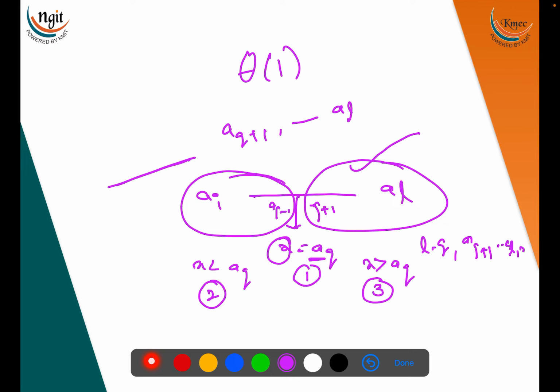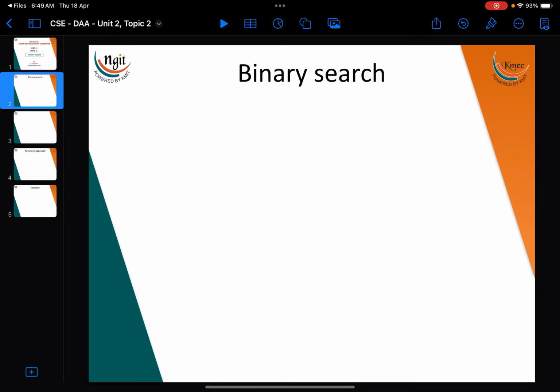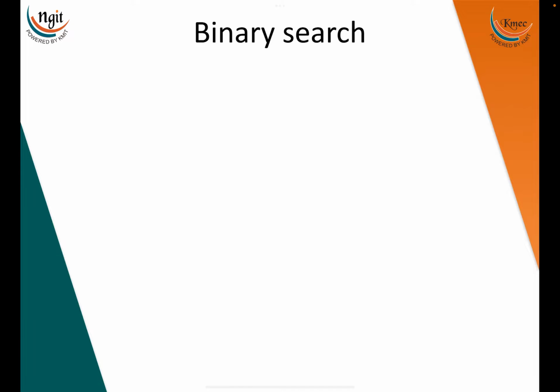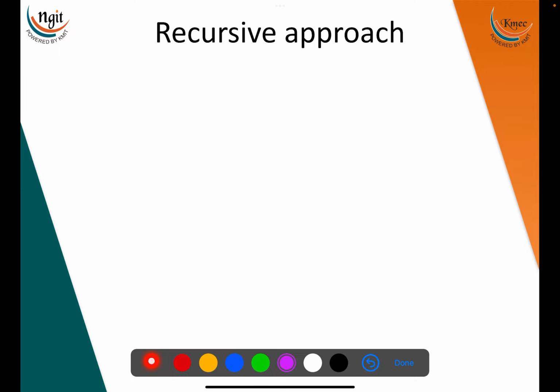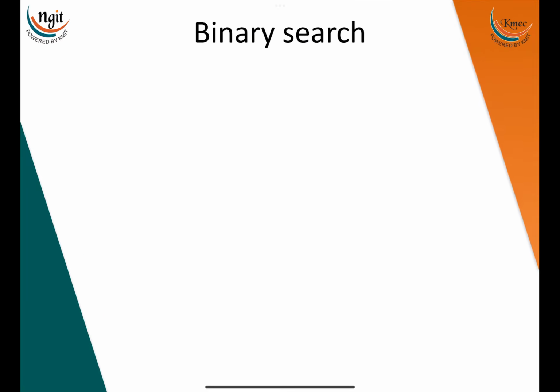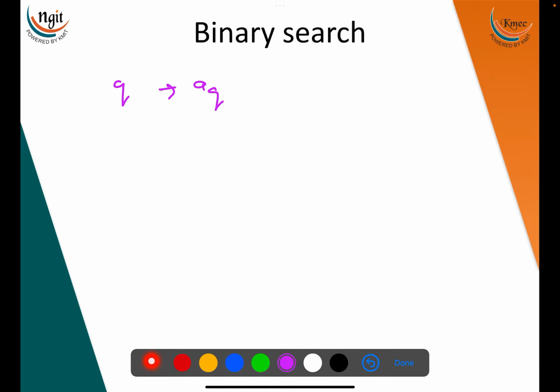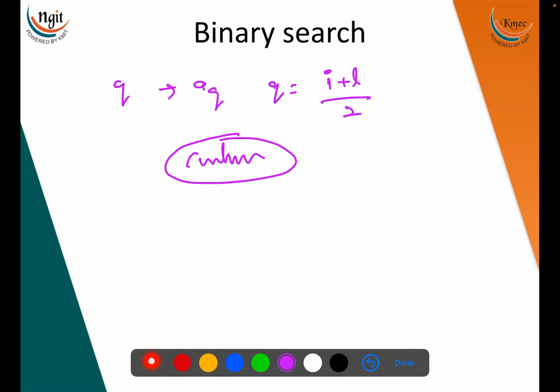If q is always chosen such that aq is the middle element, that is q is equal to (i plus l) by 2, then the resulting search algorithm is called binary search. Note that the answer to the new subproblem is also the answer to the original problem P. So what does it signify? That there is no need for combining the solutions.